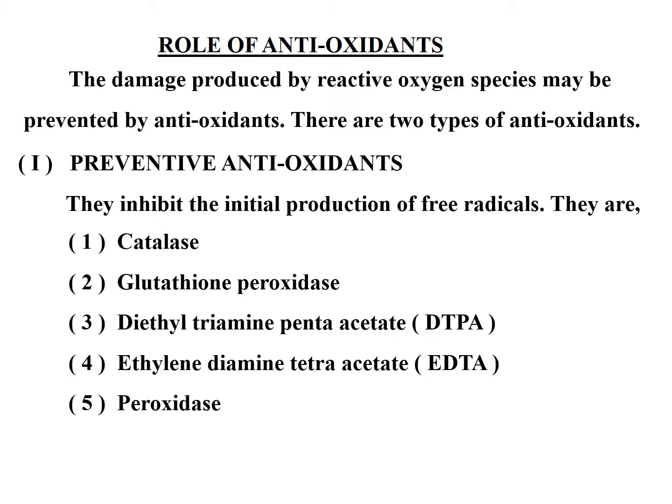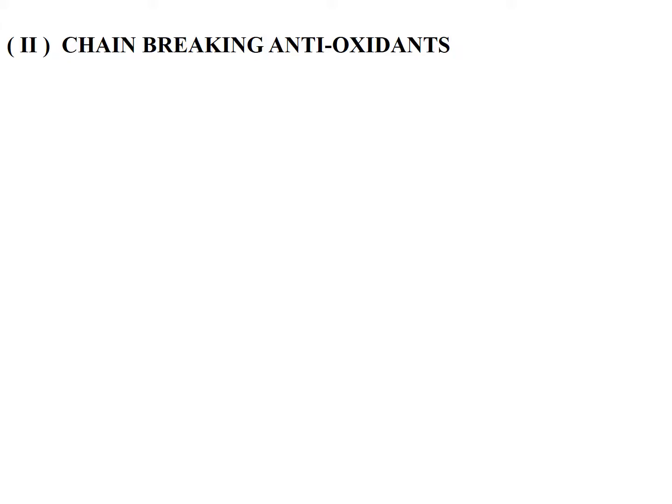The second type of antioxidant based on their function is the chain breaking antioxidant. Based on its function, this suggests that these antioxidants are a group of compounds which do not allow the effect of free radicals to propagate.